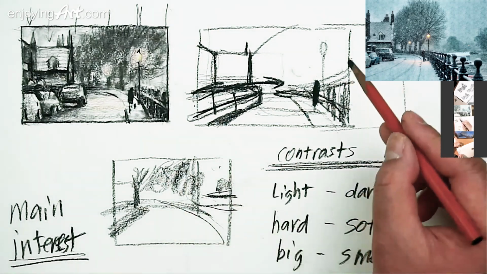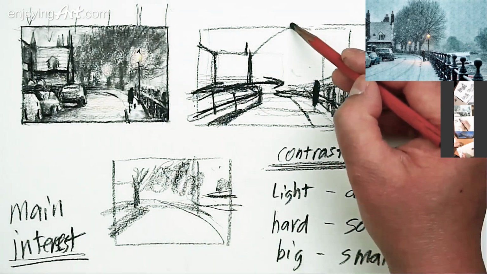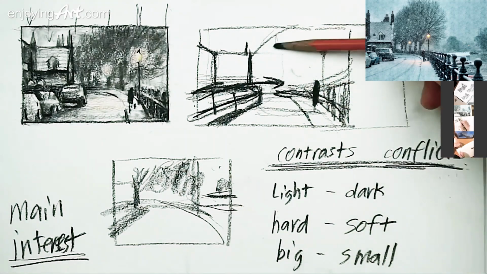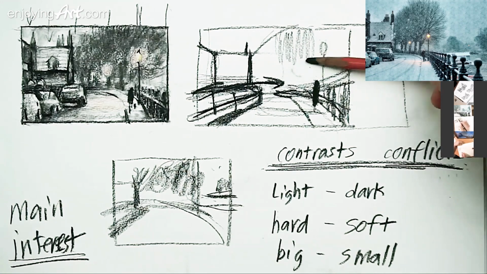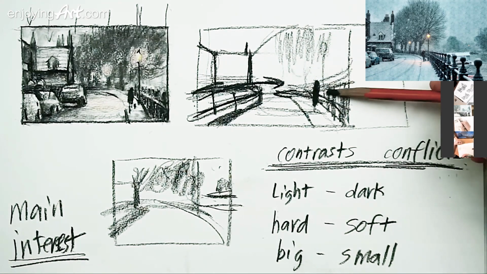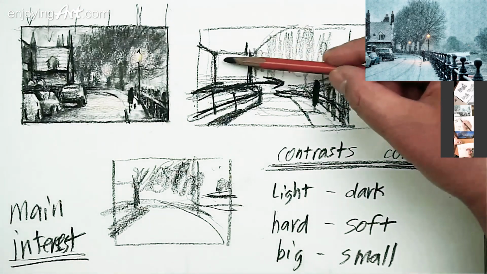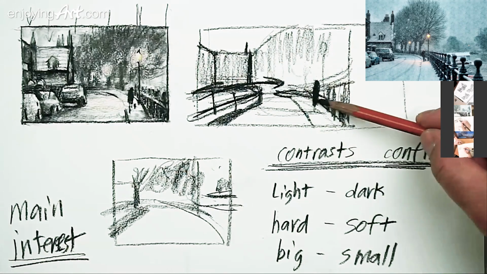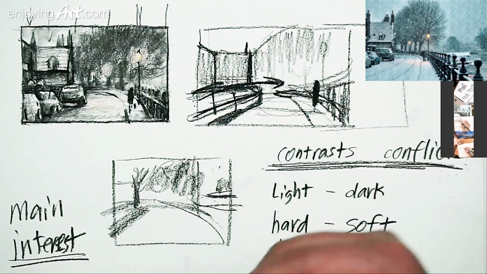Also, somehow, I'm going to render the tree as soft, because the tree is very soft over here. Create a contrast of soft, dark, and a little light next to the woman. And then this is going to be a little bit softer so that it doesn't compete with the hard contrast that I'm going to create for the woman.